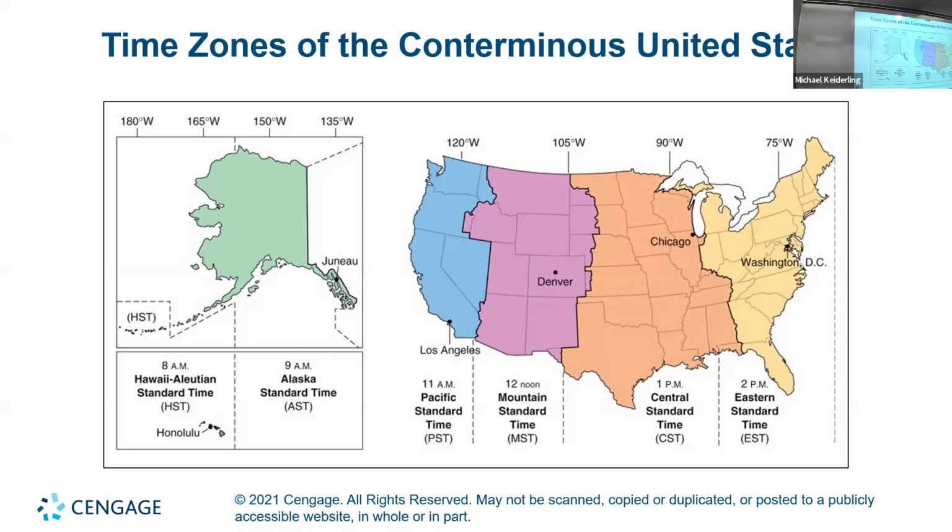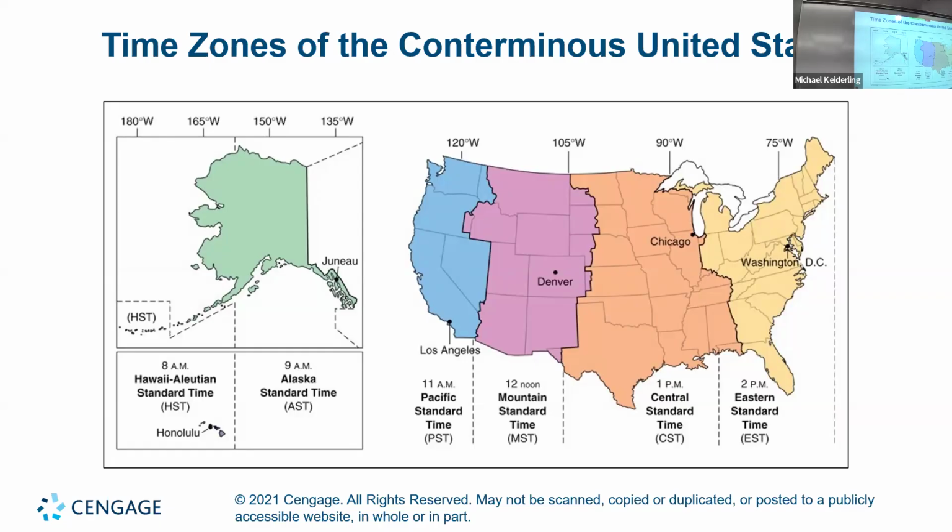And then there's also Alaska Standard Time, which covers what would be a whole bunch of time zones, but there's so few people, it's just more convenient to put them all in one time zone.